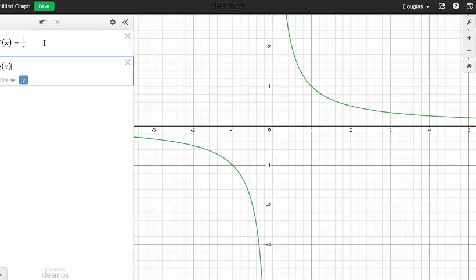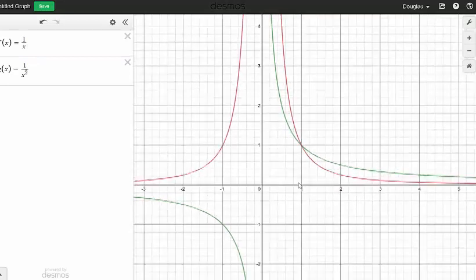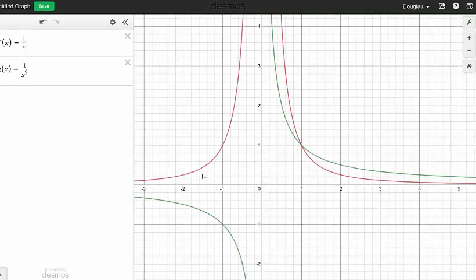We got f of x and we got g of x. Okay, so like I said, very similar shape, except note the square kind of forces the left-hand side to be north of the x-axis here. And so you can see that g of x is shooting up towards infinity much faster, right? And at 1 they meet. These are on the same side.